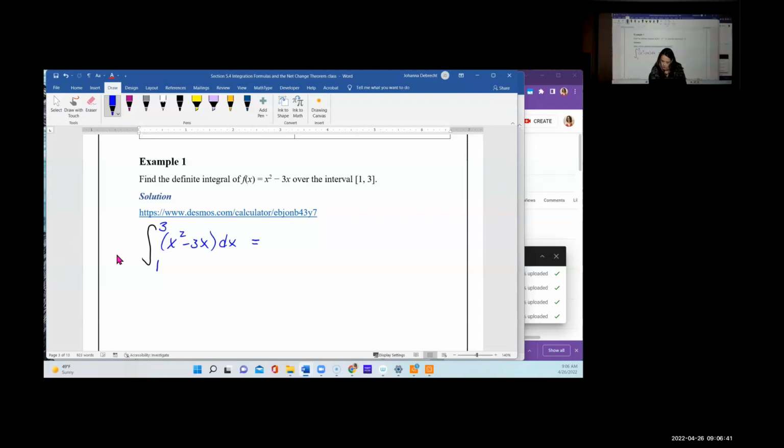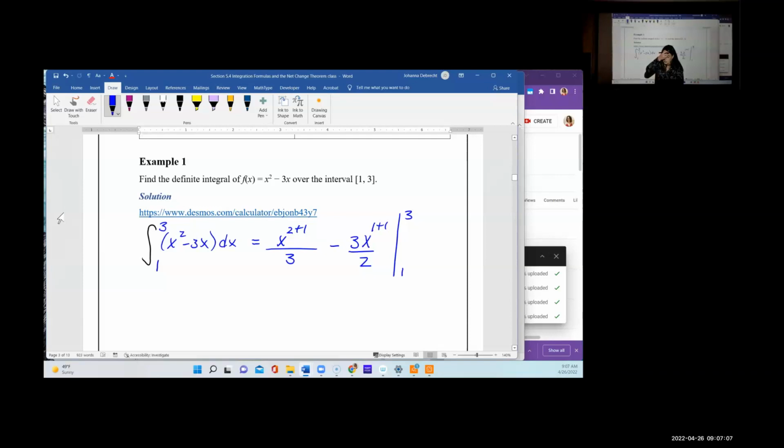So applying the power rule on the first term gives us x to the 2 plus 1 divided by the new power, which is 3, minus 3, the constant, times x to the 1 plus 1 divided by the new power 2, all evaluated between 1 and 3.